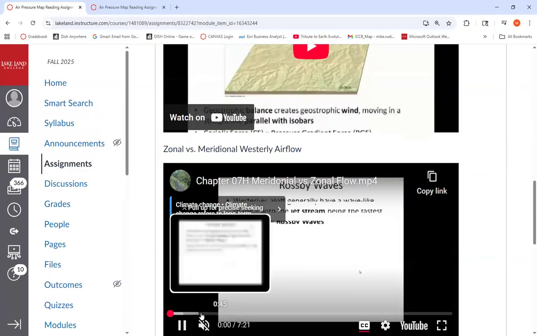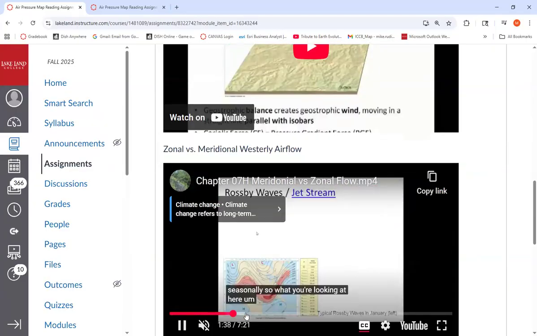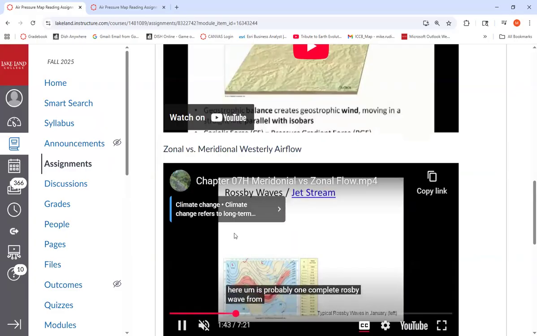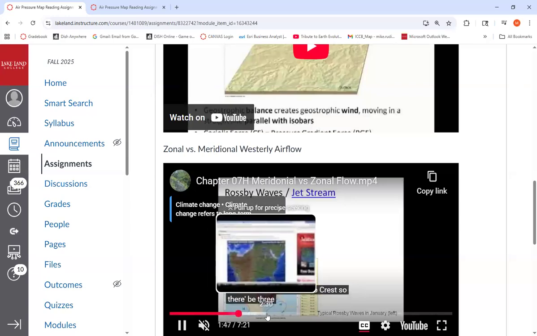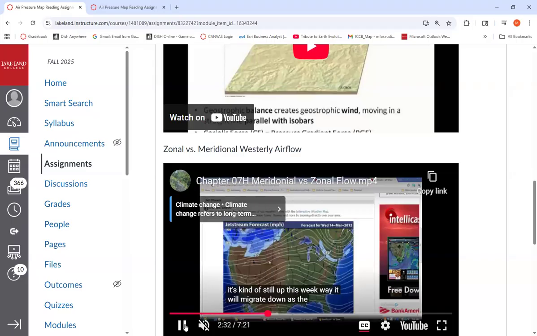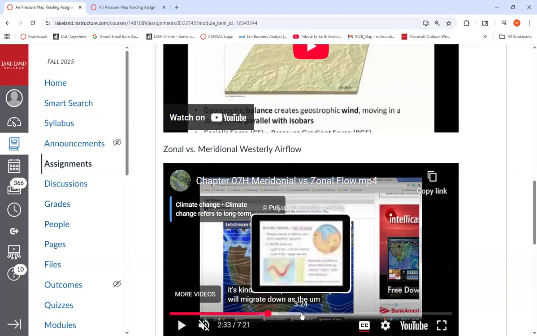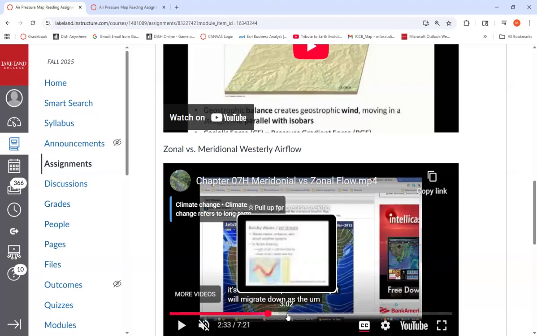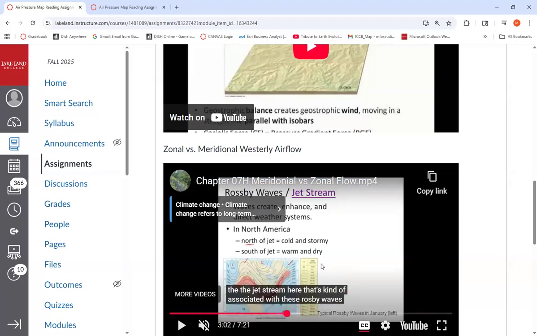The professor here does a nice job of explaining why the westerly winds move either zonally or meridionally and what causes that. In this example, she's showing you what zonal airflow looks like in the westerlies, and at different points she gives you examples of meridional airflow, like here, all right?